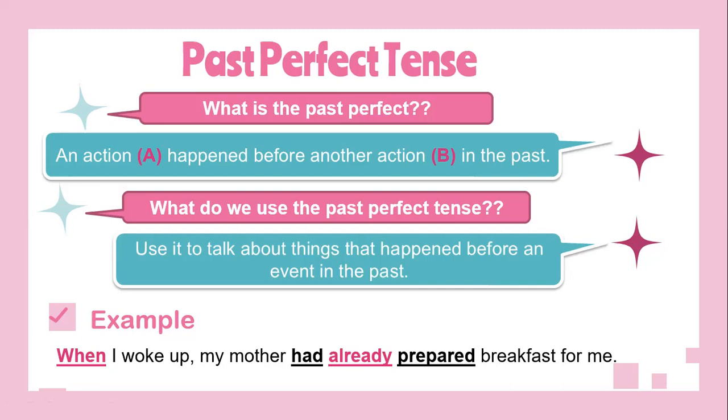Exactly. My mother had already prepared breakfast for me. So this is the first action which happened first. And that's why we put this action in past perfect simple. And the second action, action B, is in verb 2, woke up, past simple.